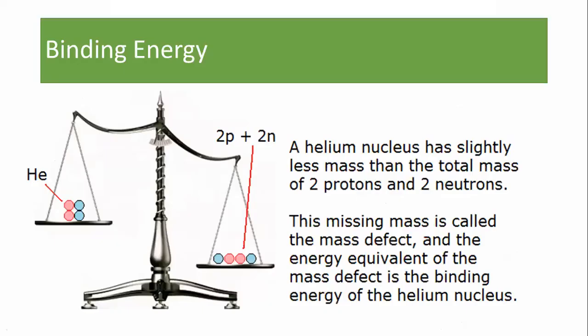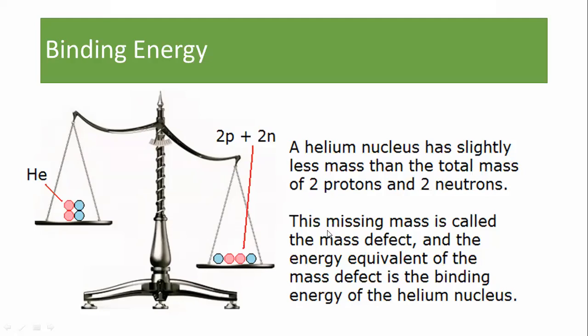So what idea does this mass give you? The sum of the masses of the protons and neutrons is more as compared to the mass of the helium nucleus. This difference in mass is called the mass defect.